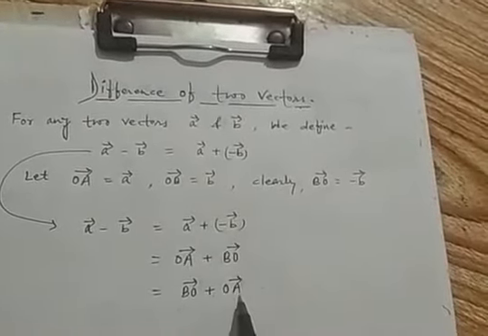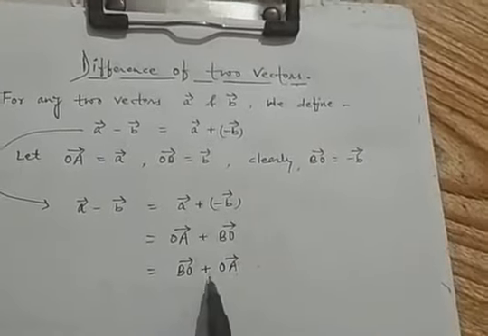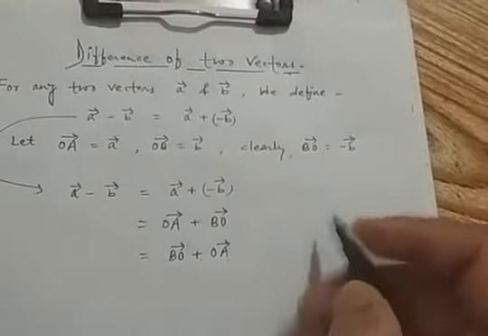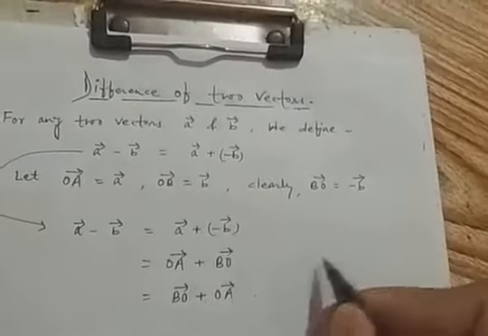For the resultant of the addition of these two vectors, let's clear it with the help of this diagram.